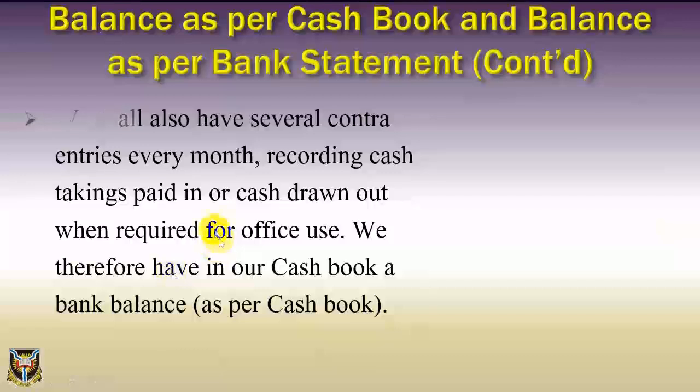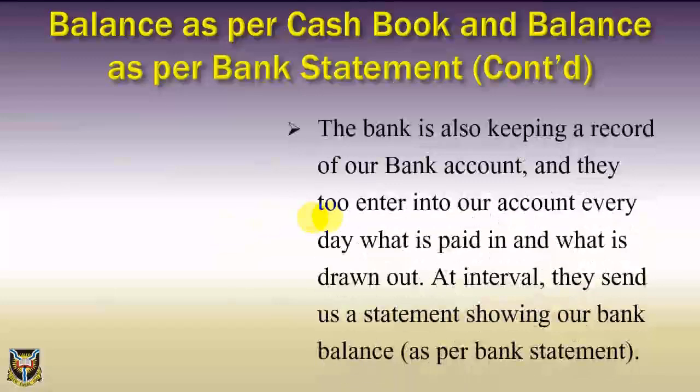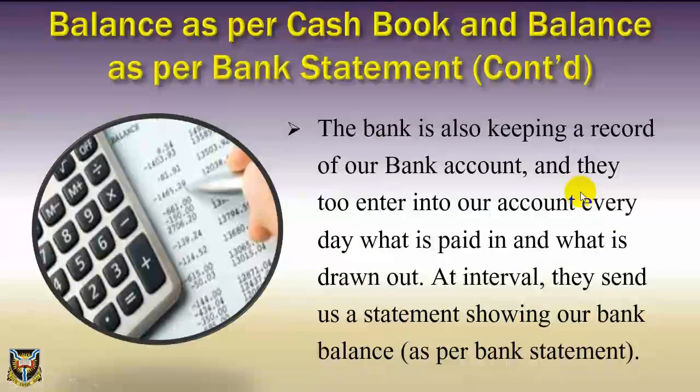We shall also have several contra entries every month, recording cash takings paid in or cash drawn out when required for office use. We therefore have in our cash book a bank balance as per cash book. The bank is also keeping a record of our bank account, and they too enter into our account every day what is paid in and what is drawn out. At intervals, they send us a statement showing our bank balance as per bank statement.